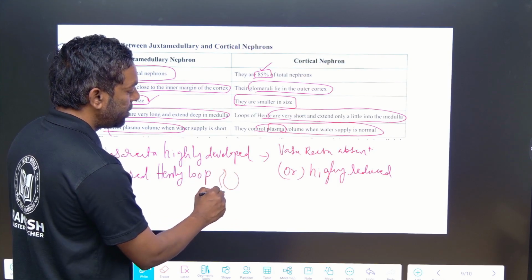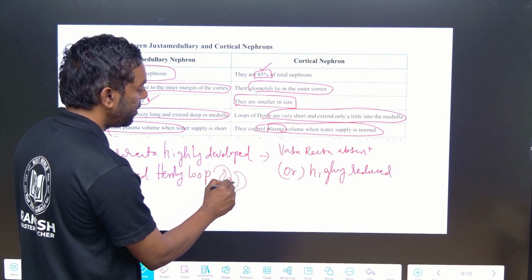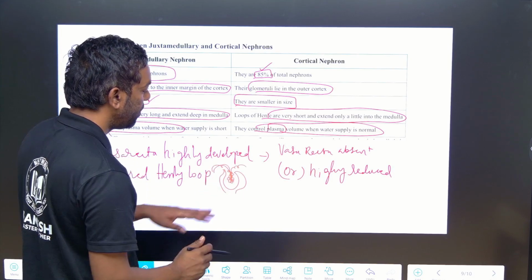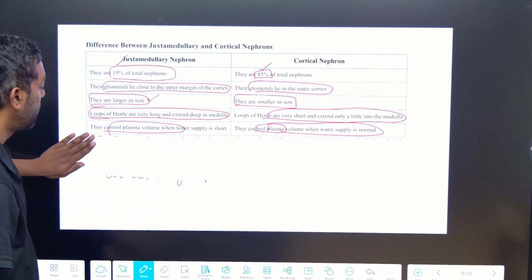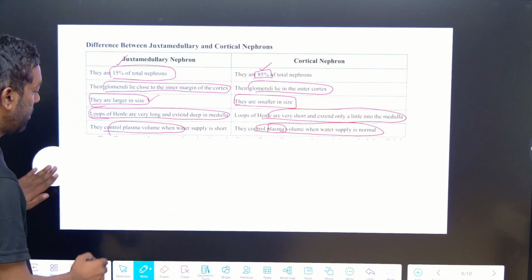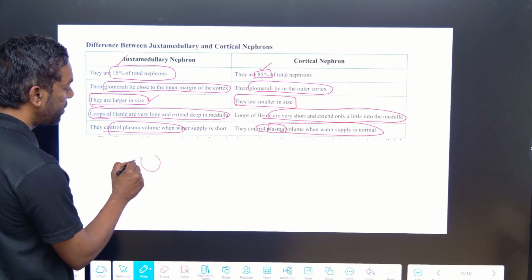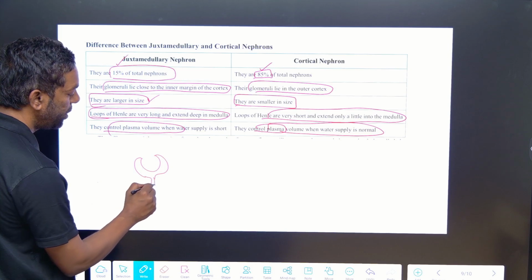This is Bowman's capsule, the renal tubule, PCT, DCT.